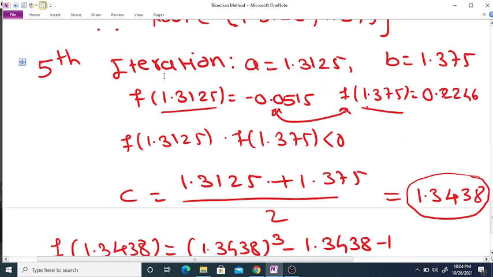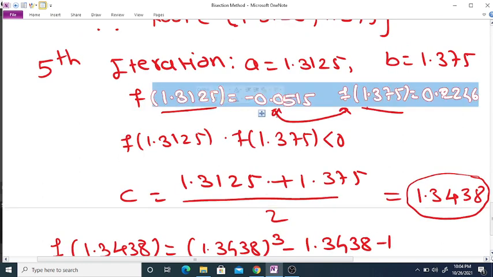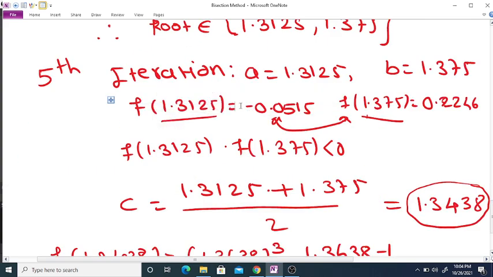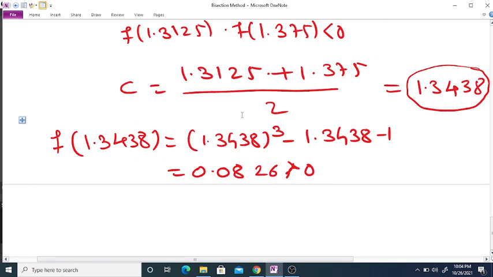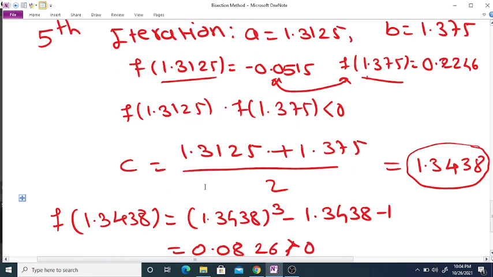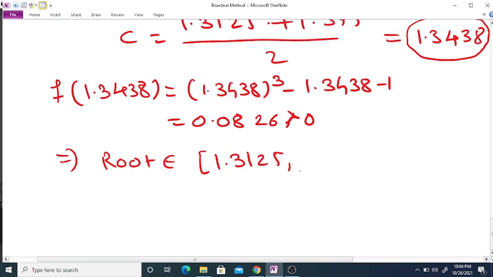The previous negative is f of 1.3125, which is less than 0. Therefore the root lies in the interval 1.3125 and 1.3438.